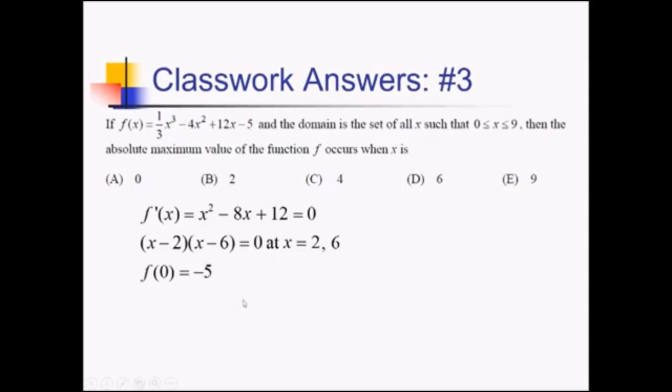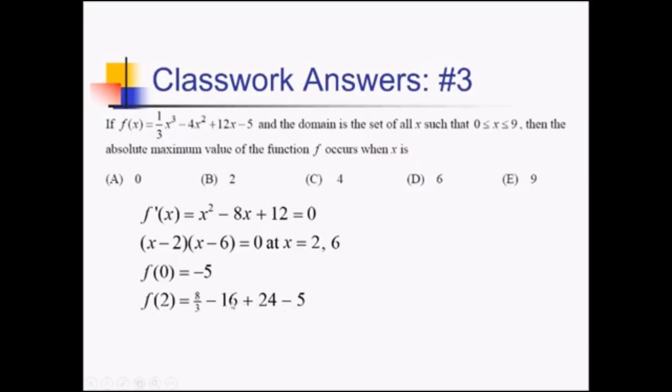Next, let's try out f of 2. That's going to be kind of nasty with this fraction here. But we've got essentially 8 over 3 minus, this is 4 times 4, so minus 16 plus 24 minus 5. To make my life a little bit easier, I'm going to combine all these non-fractions first.